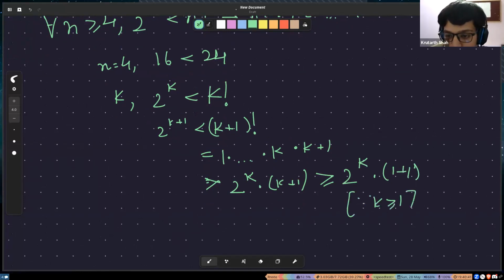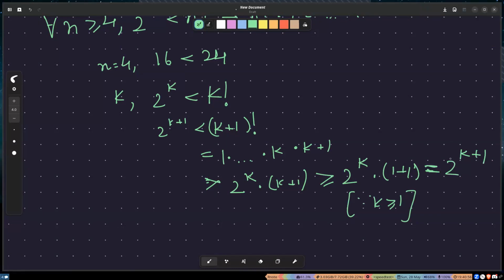Since k is at least 1, this thing is at least 2. I think k cannot be 1, it has to be greater than or equal to 4. Yeah, but since we are assuming this bound already, we can just say this directly. Because this is what we want, right? Yes, that works. That's the proof.